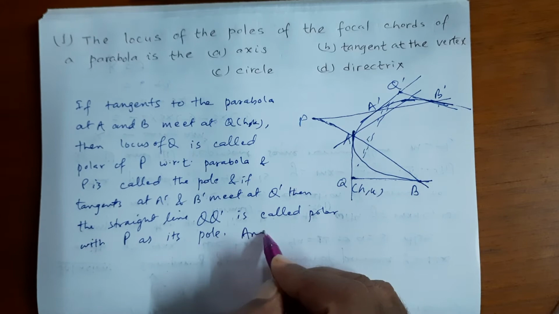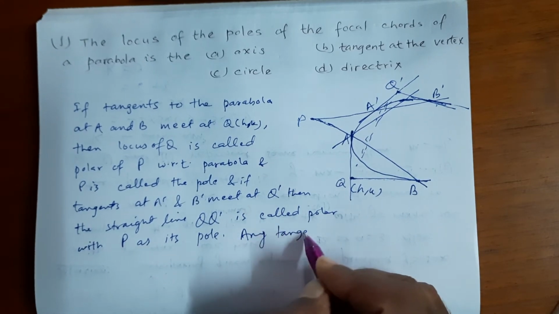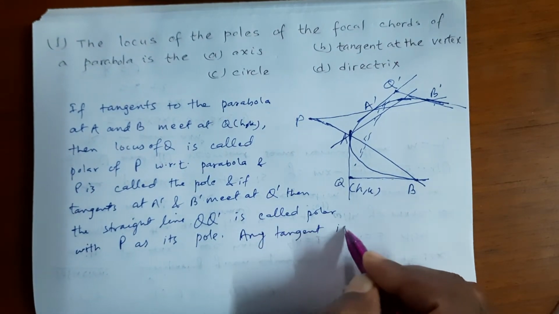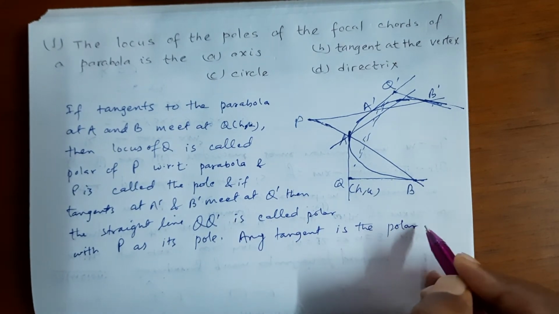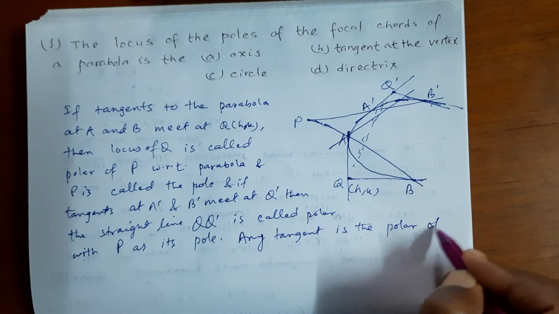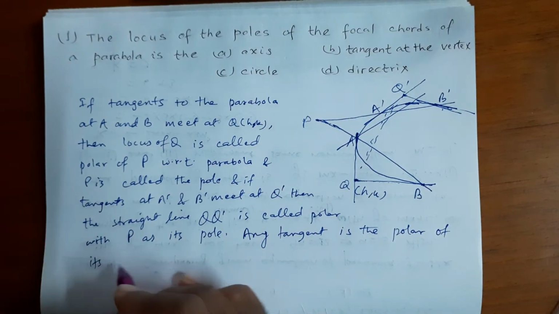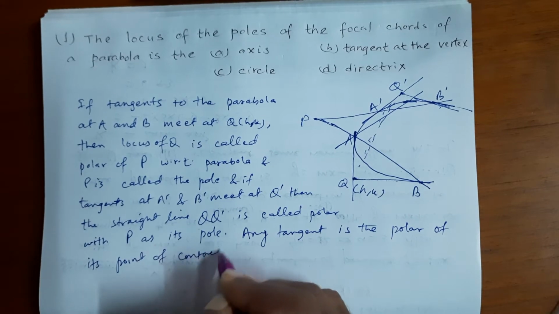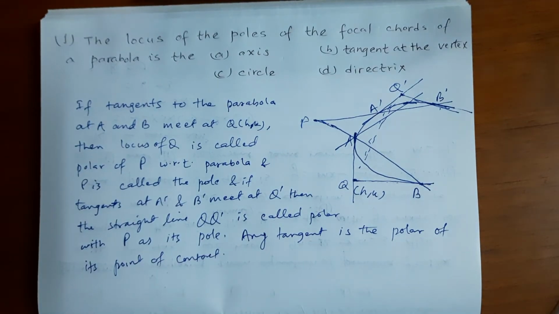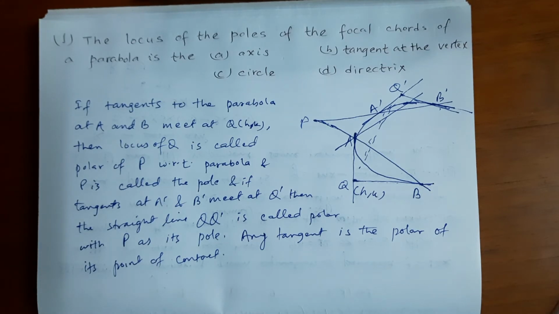And any tangent is the polar of its point of contact. Okay, so this is some idea about pole and polar matters.